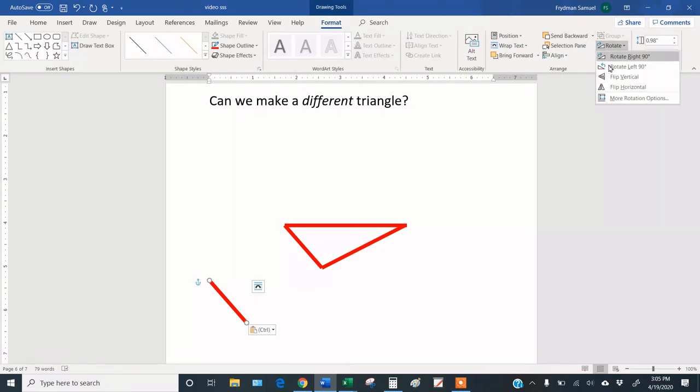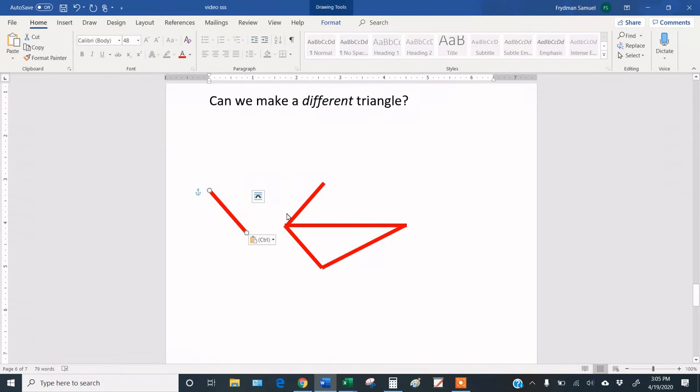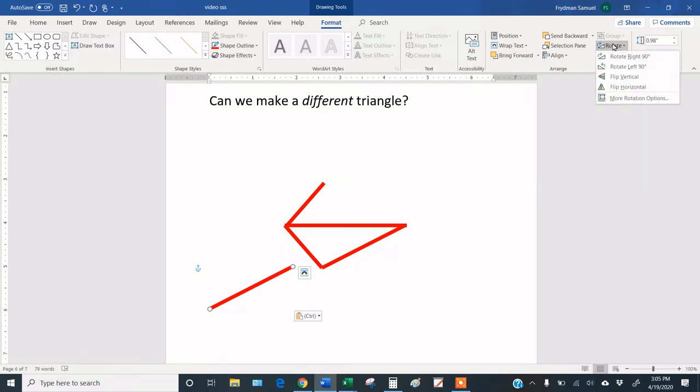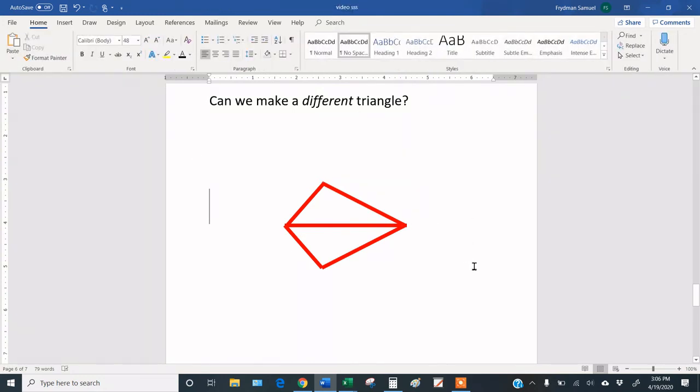I'll use a little Microsoft Word magic here. Okay, the original triangle that I had looked like this. Just like that. And these two triangles are actually congruent. They are the same.